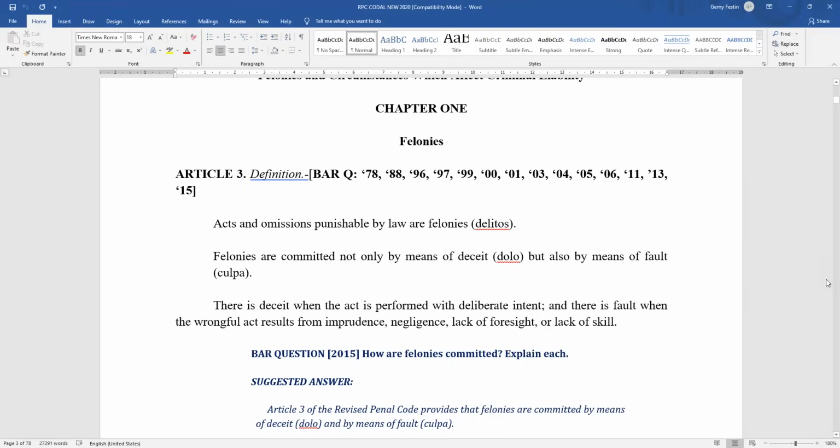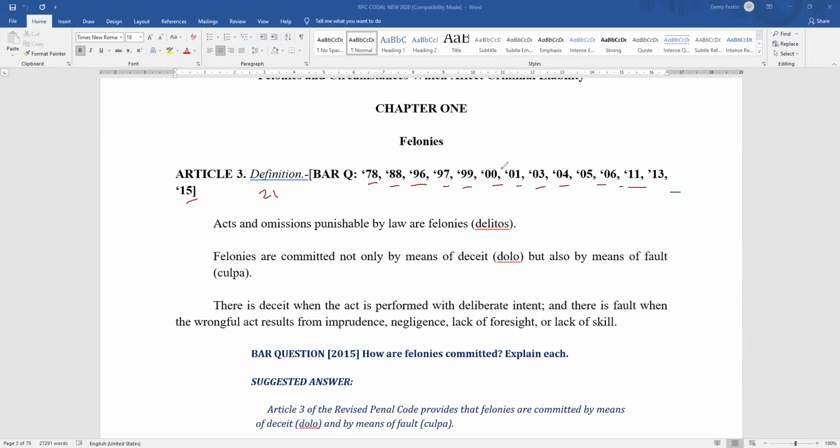Yung kaninang diniscuss natin muna, balikan natin. Article 3. Nakalagay dito, how many times was it asked? 78, 18, 96, and 78, 01, 003, 4, 5, 6, 11, 13, 15. So today is 2021. Baka itanong.